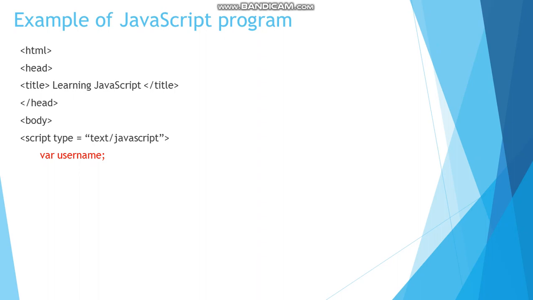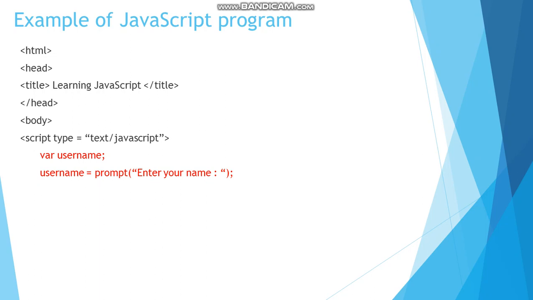Remember that var is the name of a keyword. It is a known word for JavaScript that is used to create a variable. And username is the name of the variable that can store a piece of data in the computer's memory.